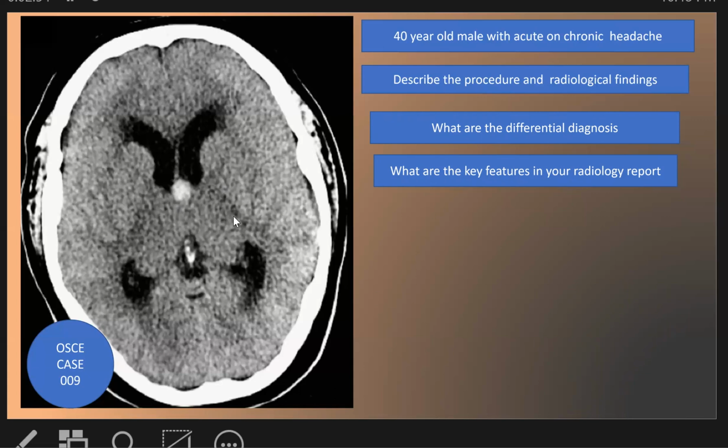If it is low signal intensity, it is difficult to aspirate. Sometimes it is associated with cavum septum pellucidum and vergae, we should mention that.